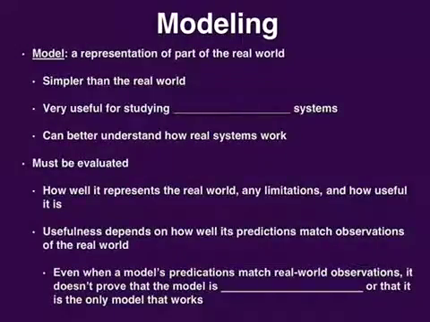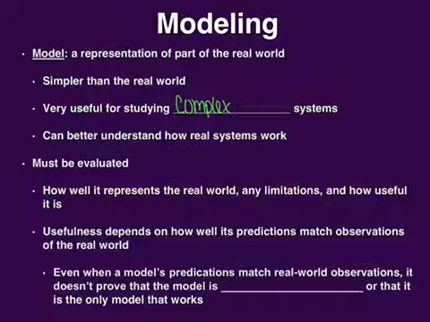Modeling is another type of scientific investigation, and a model represents a part of the real world. It's often much simpler than the real world, and it's very useful for studying complex systems. So a model generally takes a complex system and looks at just a small portion of it in order to simplify it.